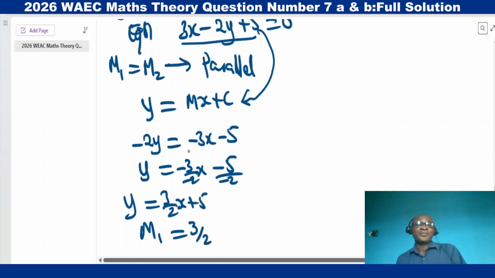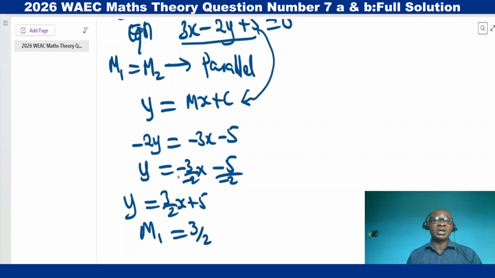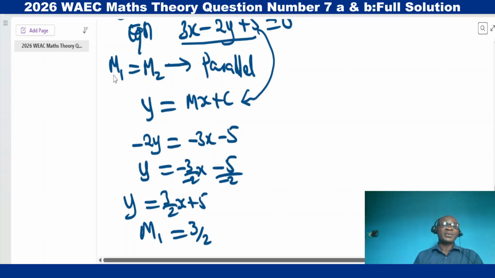But remember, when the gradient of the first equation is equal to the gradient of the second equation, we conclude that the two lines are parallel. This means that m2 also must be equal to 3 over 2 for them to be parallel.